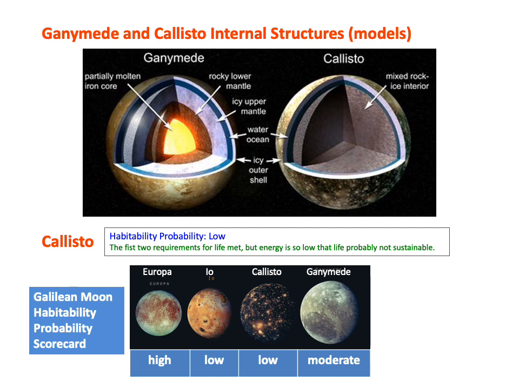And then we have an upper mantle, which is icy, a rocky lower mantle, and then a partially molten shell around an iron core. And so Ganymede has its own magnetic field and certainly much more internal energy, whereas Callisto seems to be a very, very low energy environment. However, interestingly, there is enough energy that liquid water can exist under its surface.